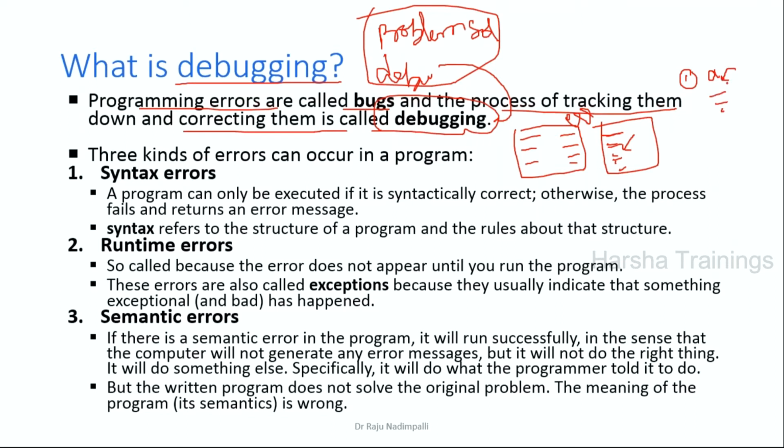Whenever you get the same error, you are going to apply the same technique. Is it okay? The process of tracking the error and correcting the error is called debugging. Now, every program may have some sort of syntax errors or runtime errors. This is the part I will discuss after a few days.